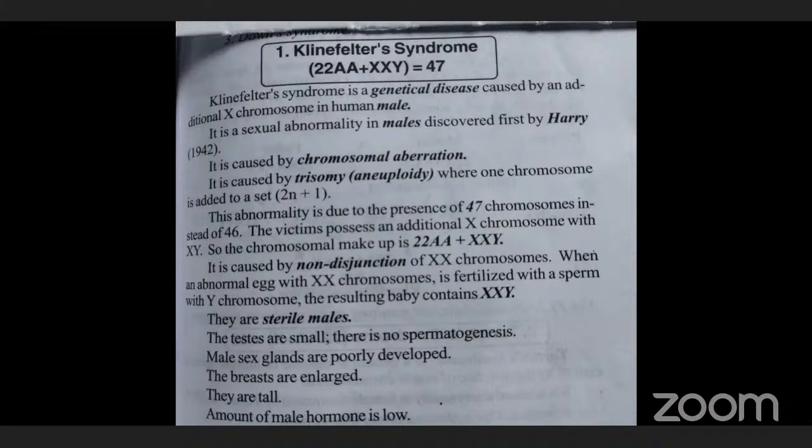They said maximum chapters are very easy, for example living world, mineral nutrition, plant growth and regulators, mostly the plant physiology. Like that, there are so many things that are very easy. And the difficult chapters are animal tissues, animal kingdom, biotechnology, molecular inheritance, genetic inheritance, etc. So those chapters are difficult chapters.